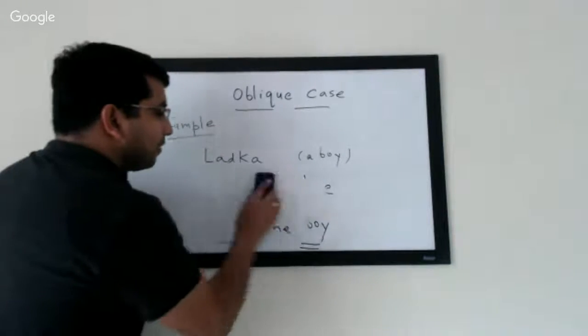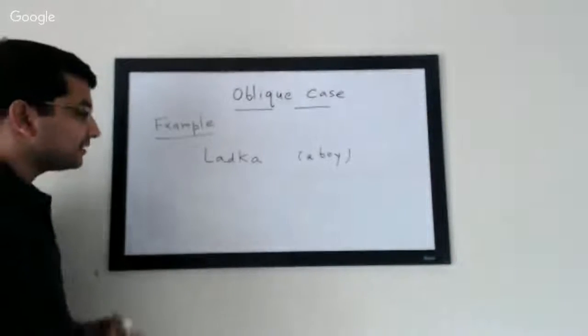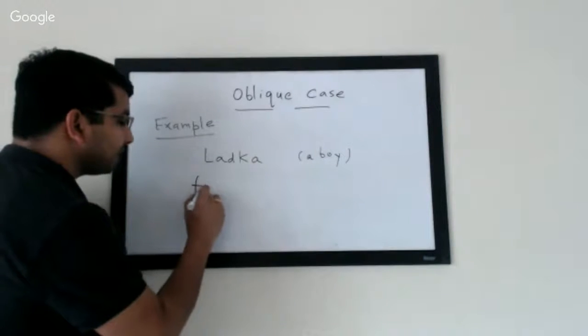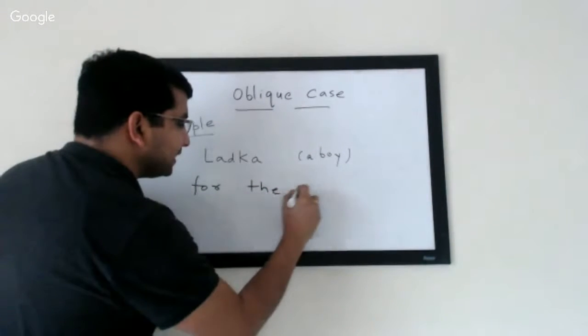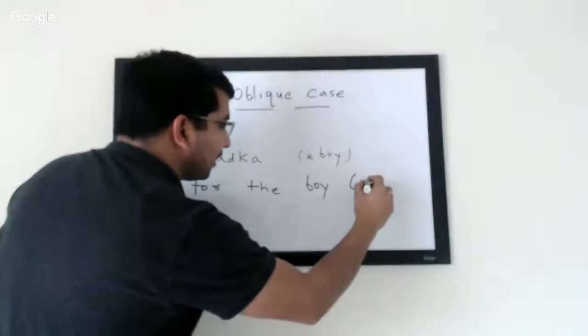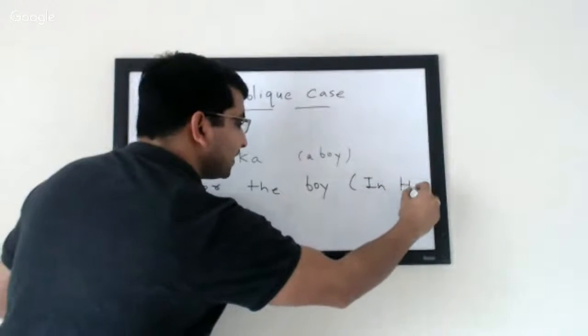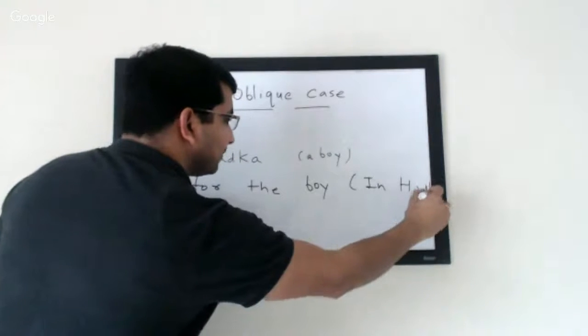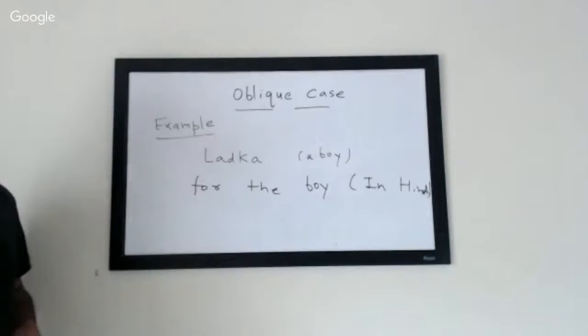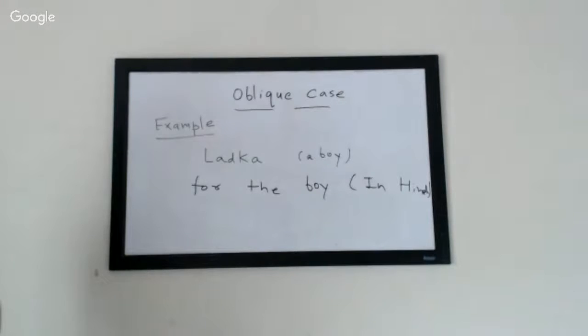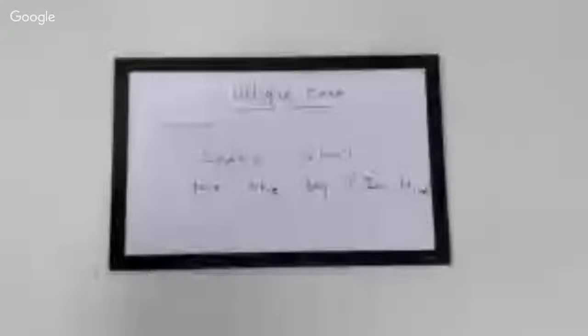Now, if you were to write the same sentence, for the boy, in Hindi, how do you write it? I'm going to give you 30 seconds, so you can always write on your notepad, in case you're watching it from your iPad.